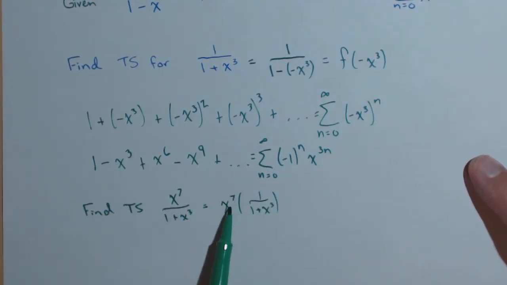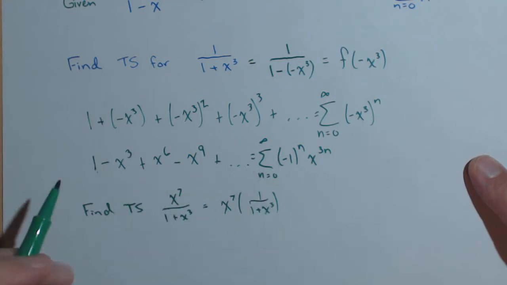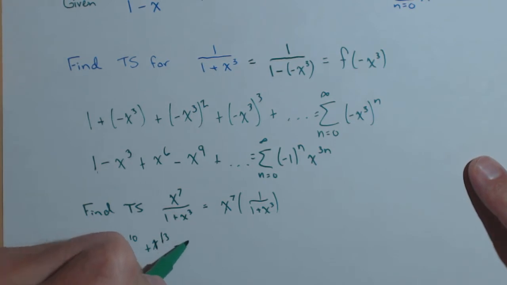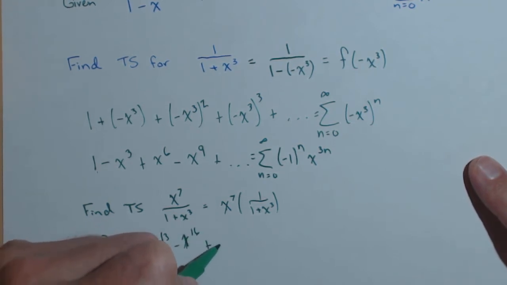So we're just going to multiply all the terms in that expansion by x to the 7th. So its expansion is going to be x to the 7th minus x to the 10th plus x to the 13th minus x to the 16th, and so on.